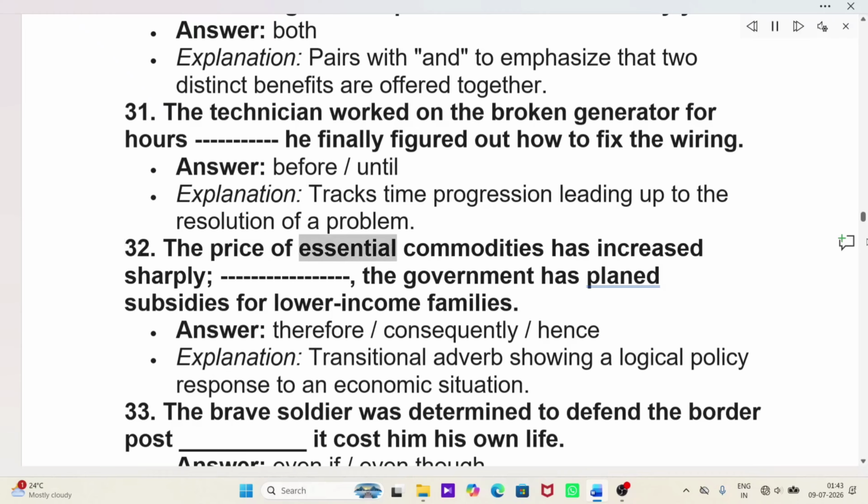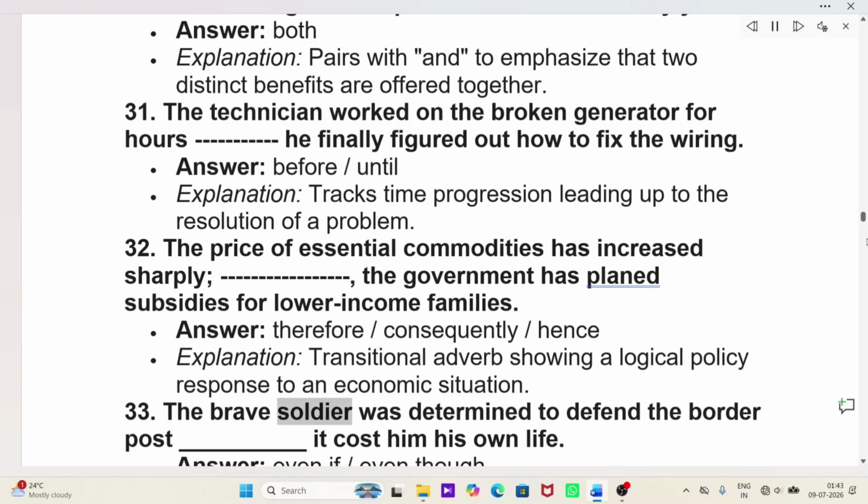32. The price of essential commodities has increased sharply, ____ the government has planned subsidies for lower-income families. Answer: therefore/consequently/hence. Explanation: transitional adverb showing a logical policy response to an economic situation. 33.